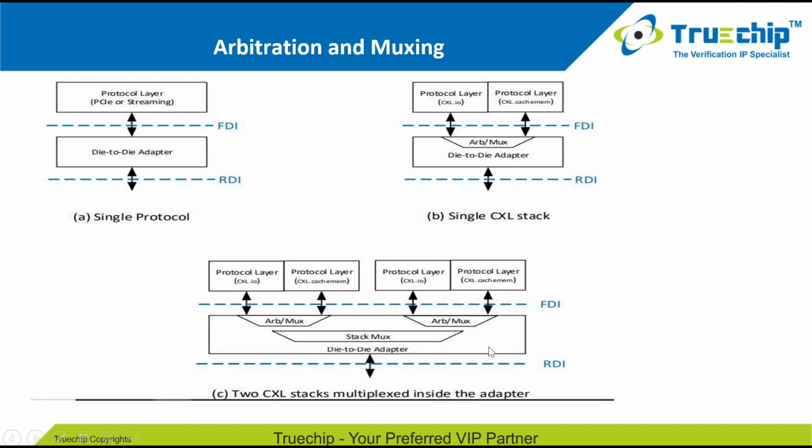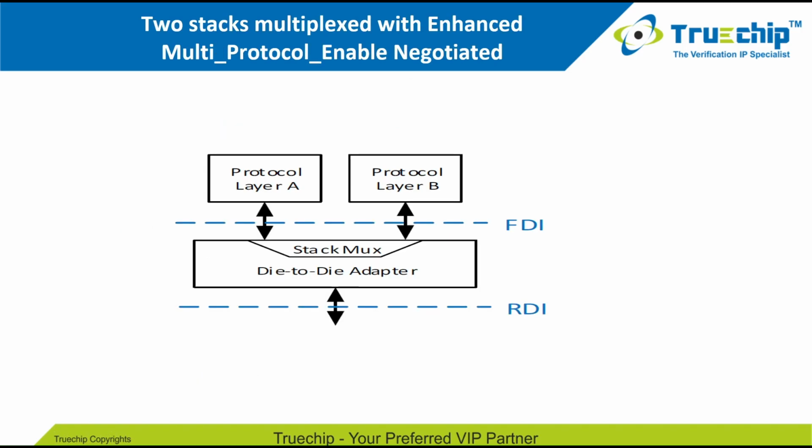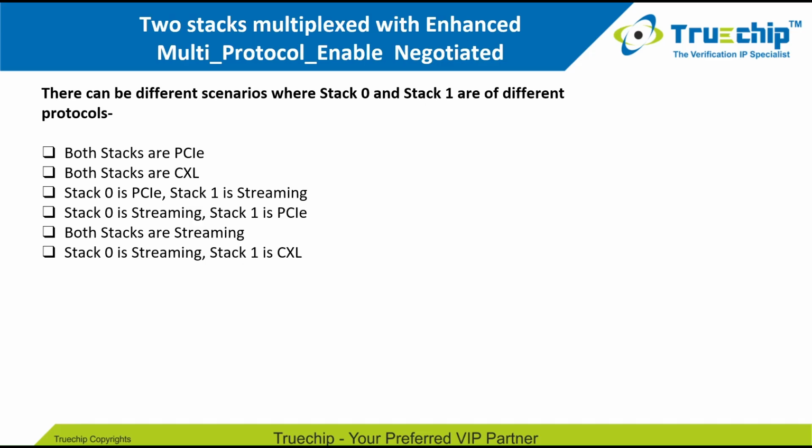And the third is a complex two-CXL-stack scenario where the adapter multiplexes four separate protocol interfaces. The specification defines many valid combinations for this, such as both stacks as PCIe, or both stacks as CXL, or a mix like PCIe and streaming.